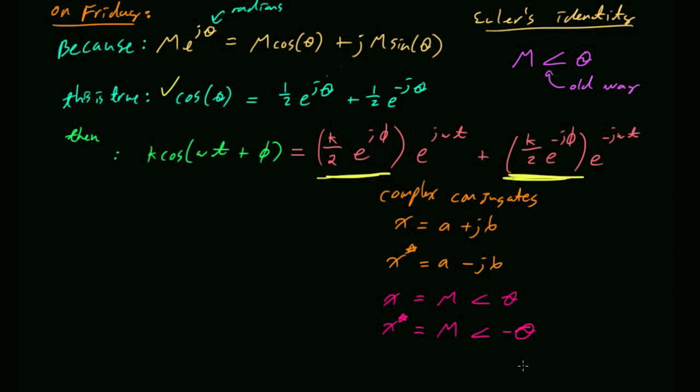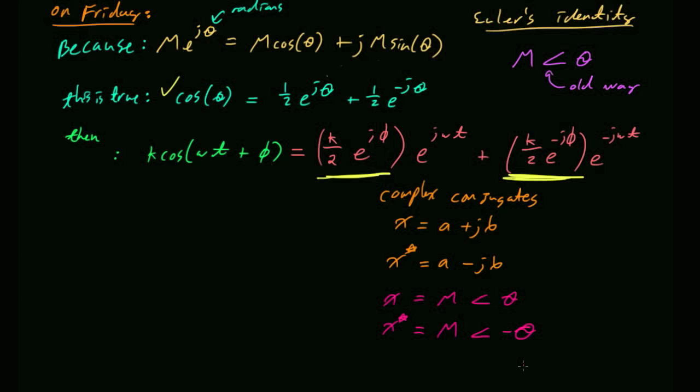So we finally said, okay, this is actually pretty slick. You can rewrite that as e to the j omega, and the complex conjugate would be e to the minus j omega.